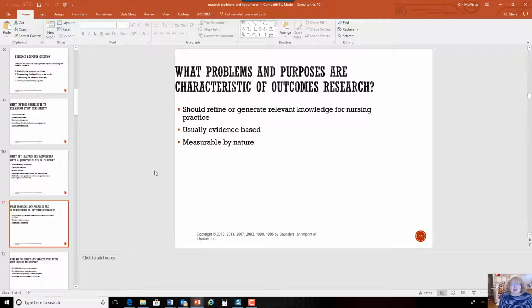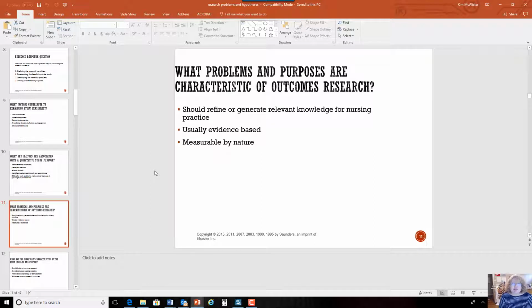When you have outcomes research that really needs to either refine what we know or generate more of what we know, this is going to be evidence-based, and because it's an outcome, it will be measurable, because an outcome is something that you have to measure to know if it worked or not.